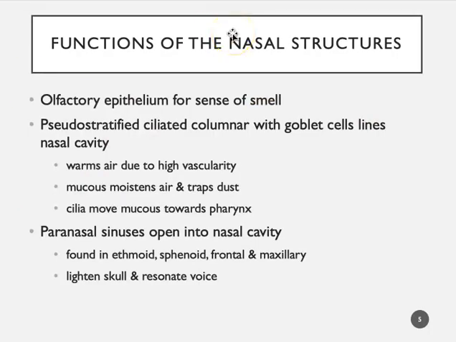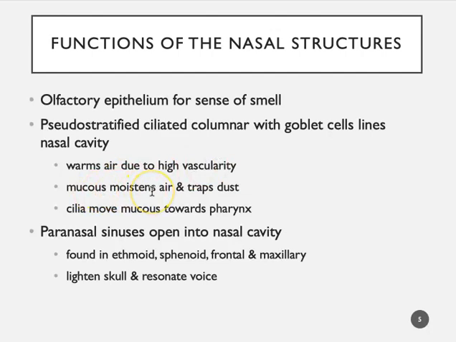Other structures in the nose are the olfactory epithelium, that's for our sense of smell. There's pseudostratified ciliated columnar epithelium, along with goblet cells that line the nasal cavity. This is not surprising, right? It helps trap dust particles, microbes, whatever might be out there. It will also help warm the air due to the high vascularity of the nasal cavity.